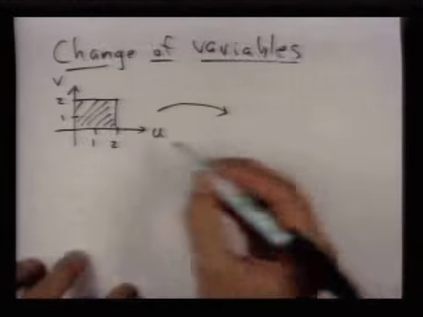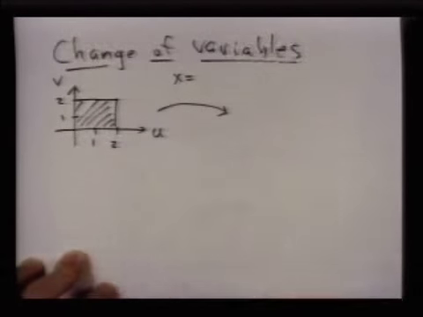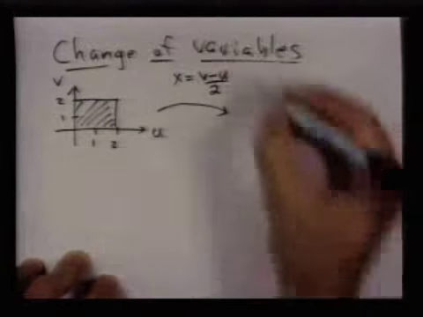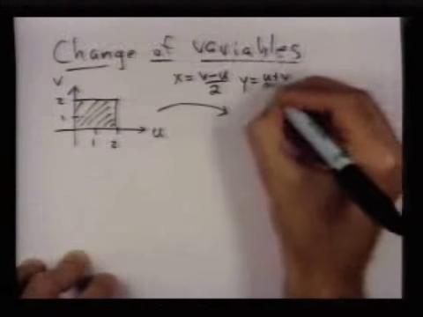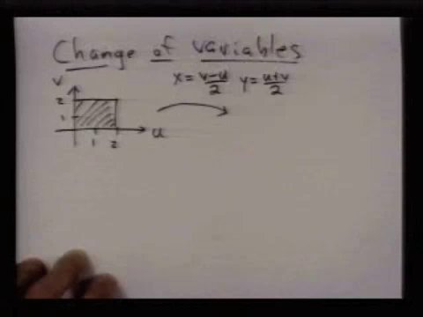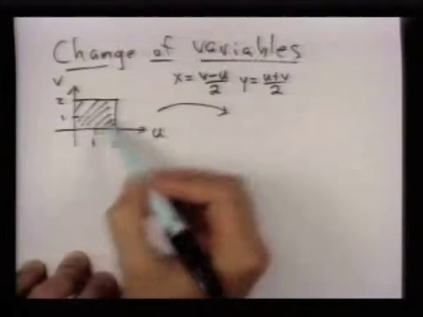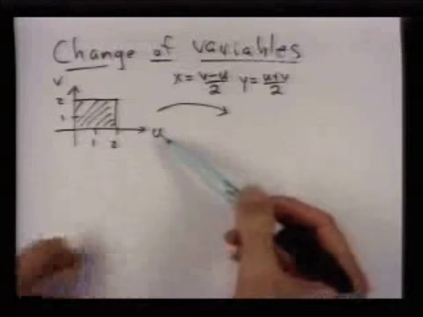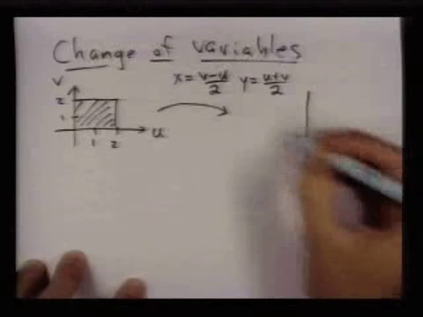So if I switch to 2 new variables, x and y, by setting x is (v minus u) over 2 and y is (u plus v) over 2, we can see what happens to this region by plugging points u and v in to see what xy coordinates we get.